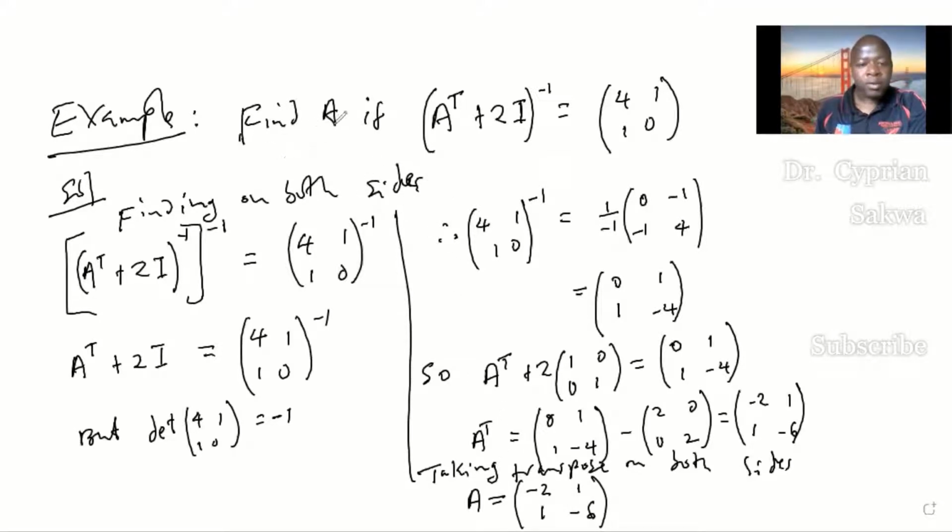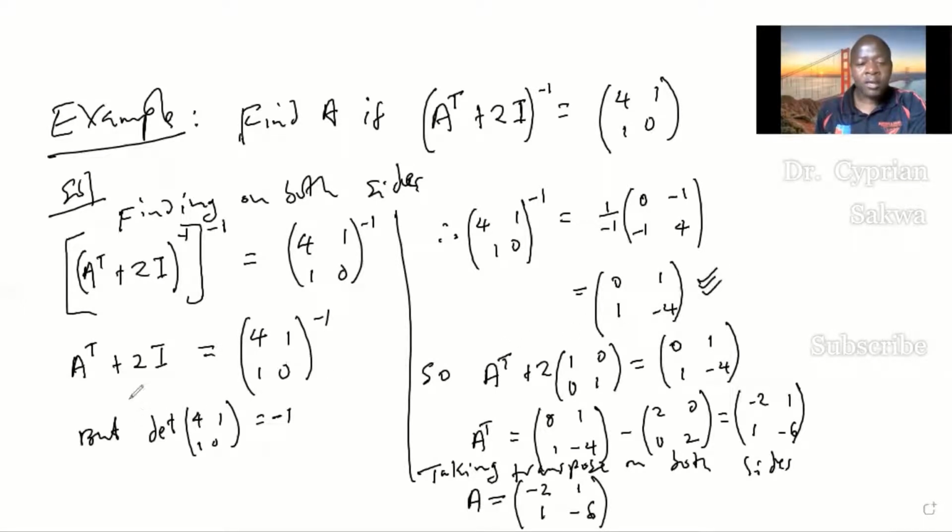Look at how the question was: find A if the inverse of A transpose plus 2I is this. We used our two theorems above. The first theorem we used is that we take the inverse on both sides. So the inverse of this will be that, and then we find the inverse of this, which we found to be this.